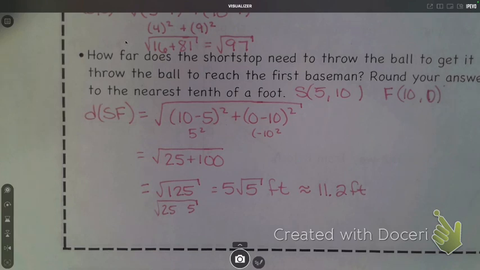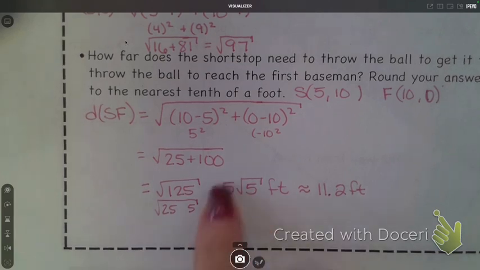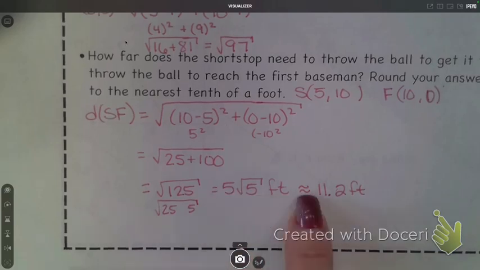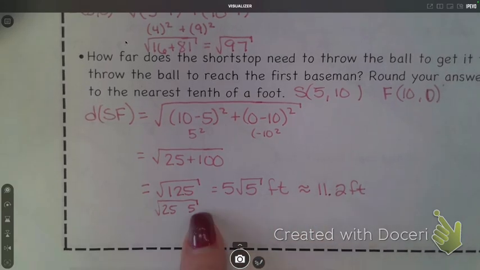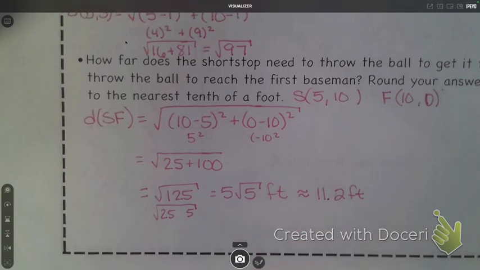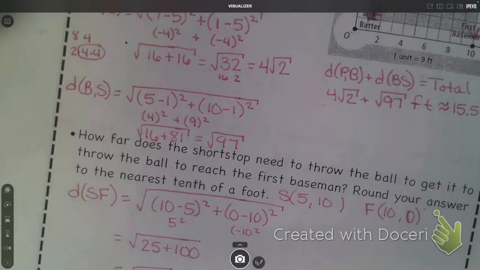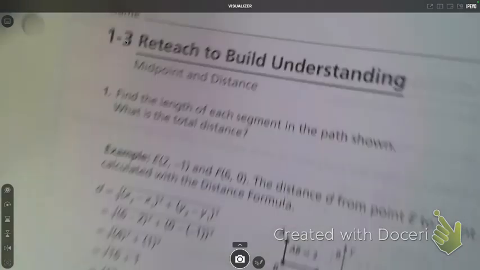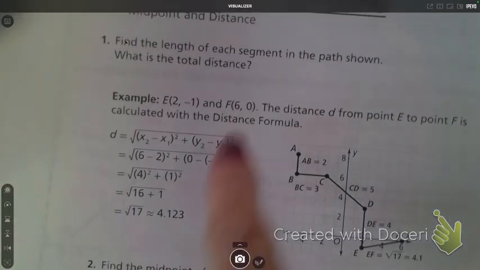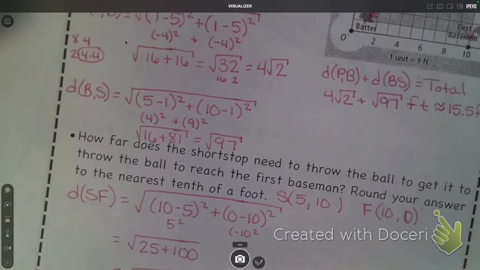Everyone should be able to put it in a calculator, correct? Yeah. Okay, so how did that go? Good. Okay, so this is what your assignment is. On that sheet that I gave you, the reteach and additional practice.